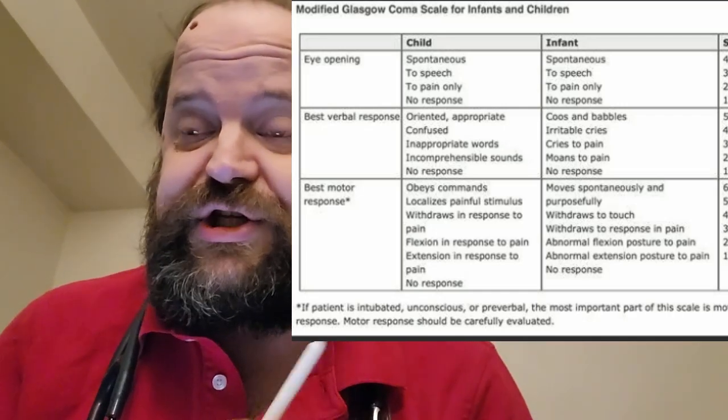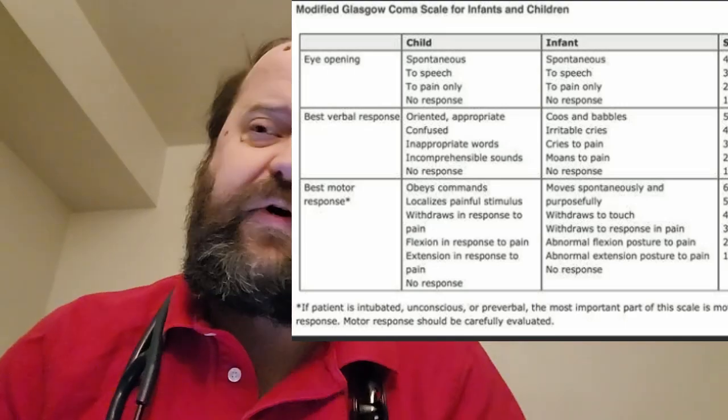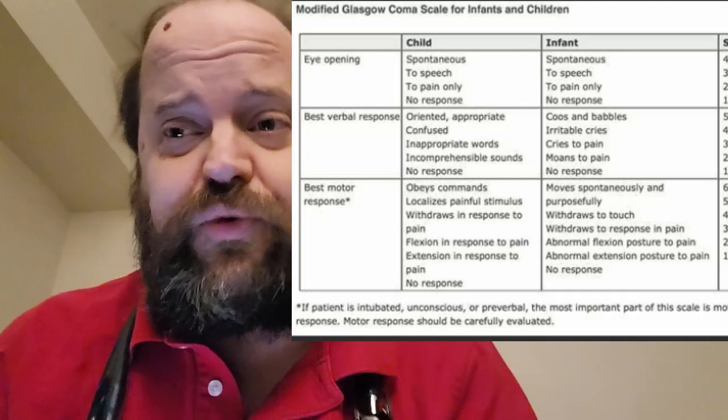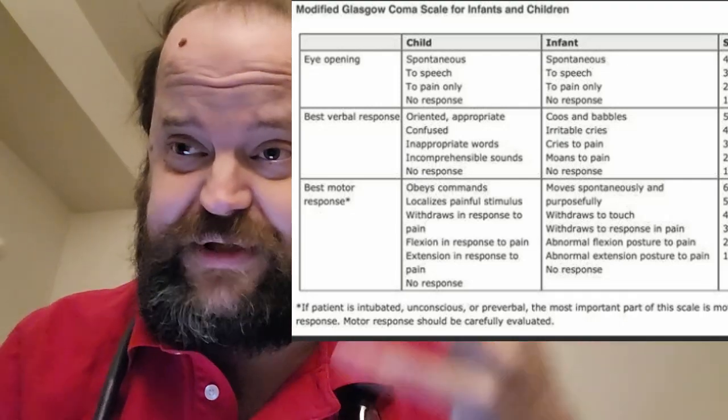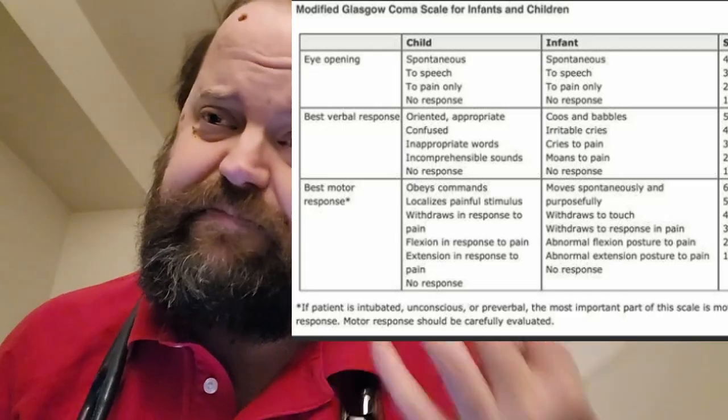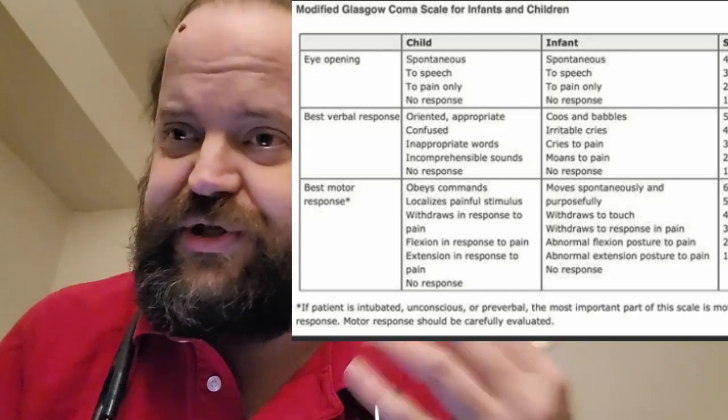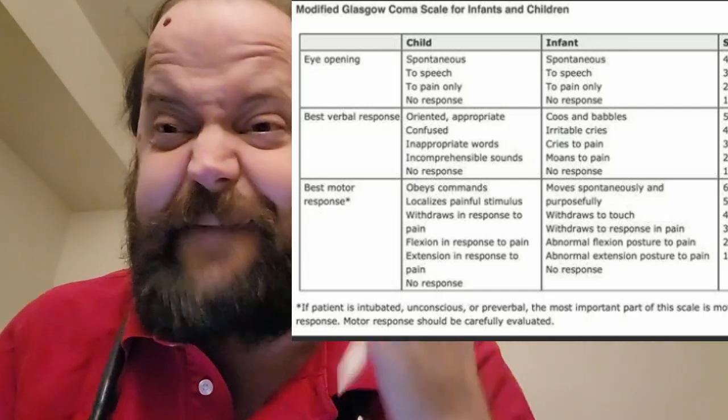For older kids, school age and beyond, we use the adult scale, because it's the same signs and symptoms. And we use the other measurement scales in the same fashion. Very few things are adapted for kids because of that paucity of research and some of those challenges.